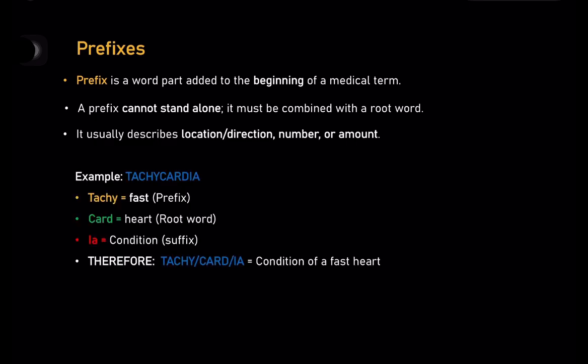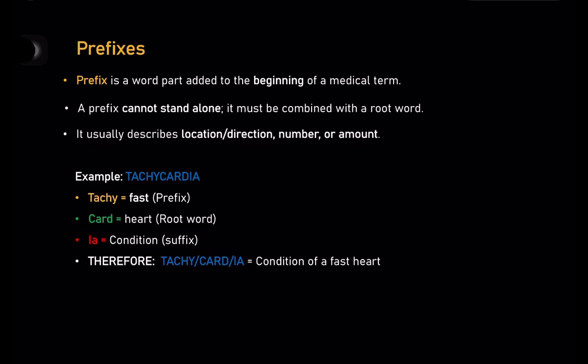Let's take an example again. Tachycardia. So break apart this word. Tachy. What does tachy mean? Tachy simply refers to fast. It's not referring to any body part, so therefore you clearly see that it's a prefix. Okay, so tachy refers to fast and it's a prefix. Cardio, we know by now, refers to the heart. And IA refers to a condition.